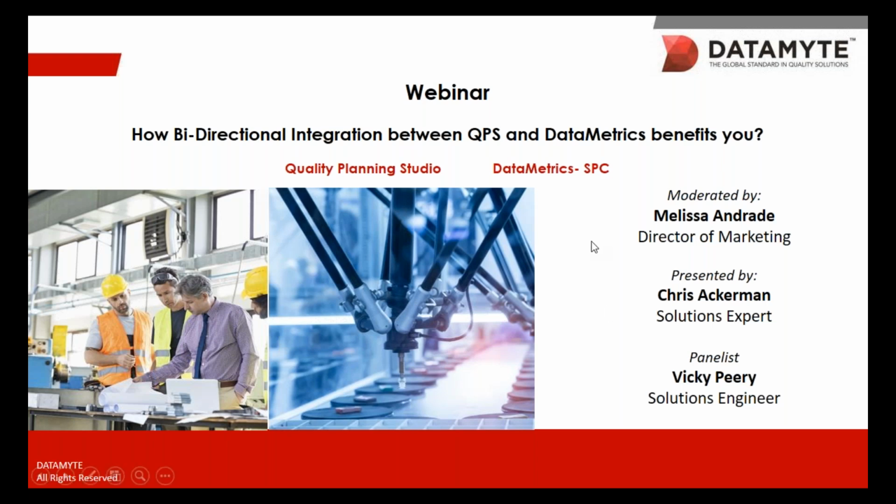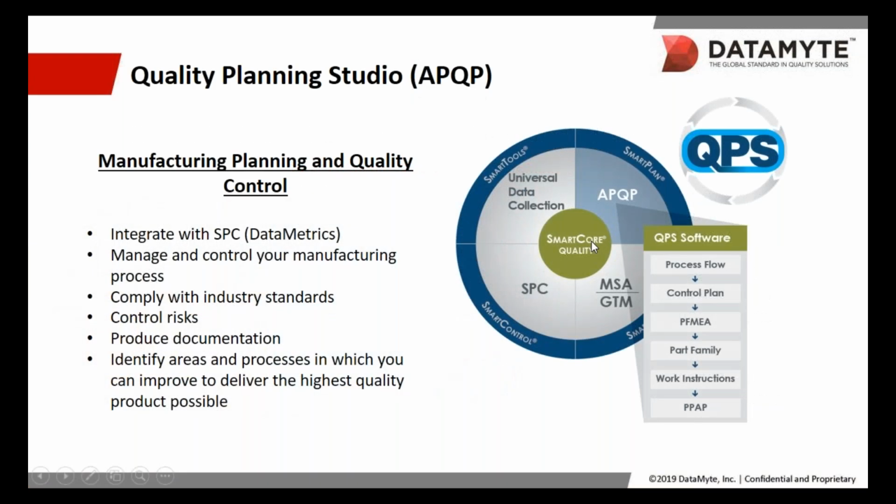First of all, I want to take a moment to talk a little bit about the Quality Planning Studio, because some of you on the webinar today are more familiar with our DataMetrics solution. Our Quality Planning Studio is based in APQP, and it's a manufacturing planning and control tool. Many of you who are Quality Planning Studio users may remember the previous name was MPACT or PACT.